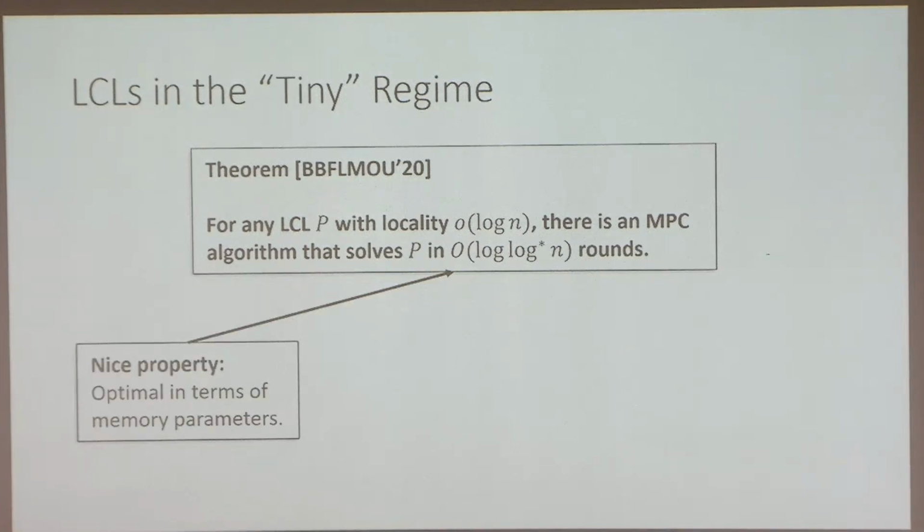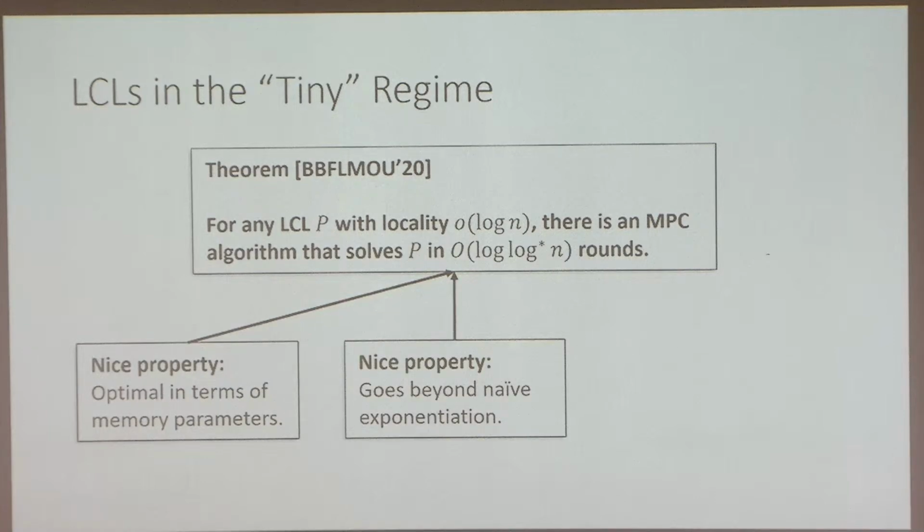I get it optimal in terms of memory, because as I said, you need linear in n words of space, because I need to store the input. And subjectively speaking, a nice property is that I need to do something smarter than this naive thing. You can have different opinions on that, but anyway.